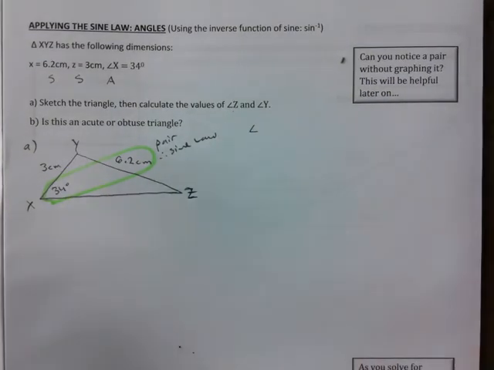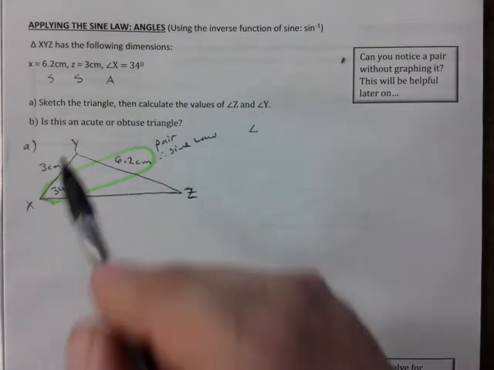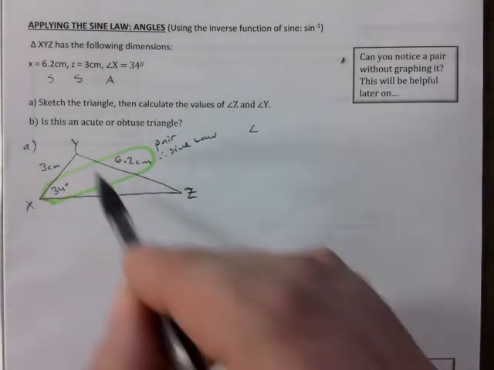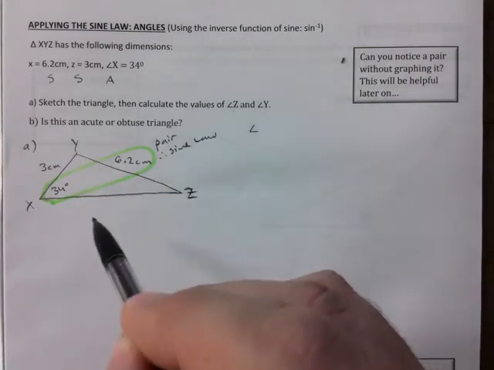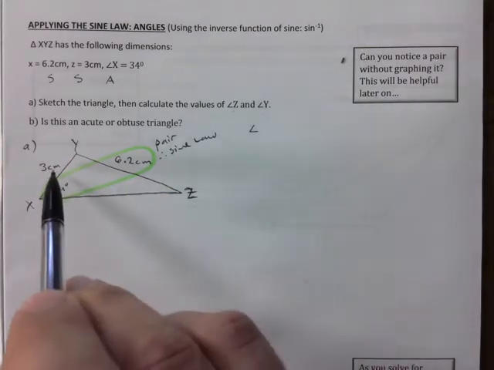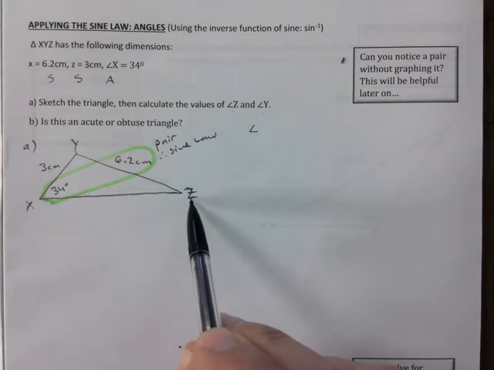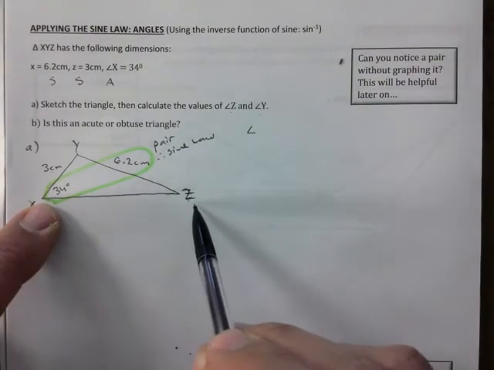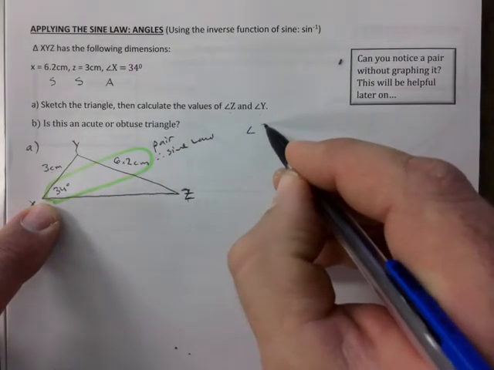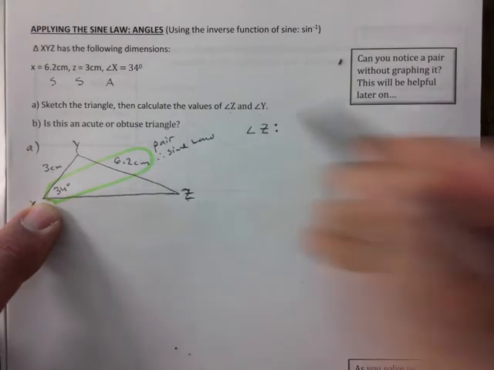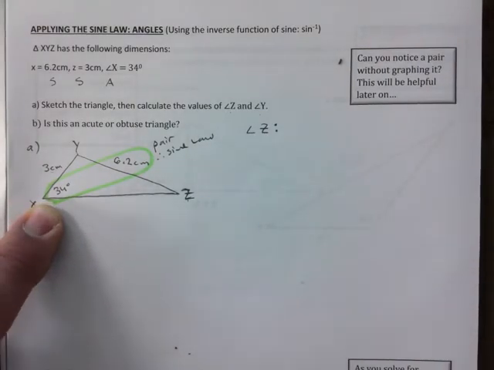Which angle can we solve for as is? Can we solve for angle Y? No, we can't because we don't have the side length across from it. So you always want to keep them together. We do have side Z, which is across the angle we're interested in. So that's the one we're going to solve for first. Angle Z, I'm going to just go like this. That's what we're solving for first.